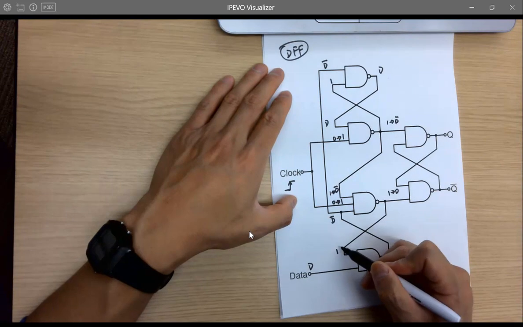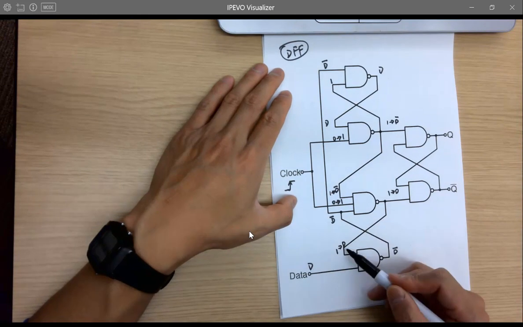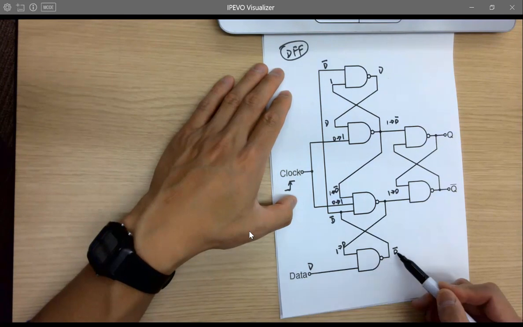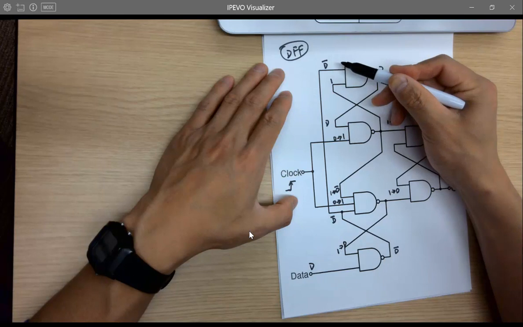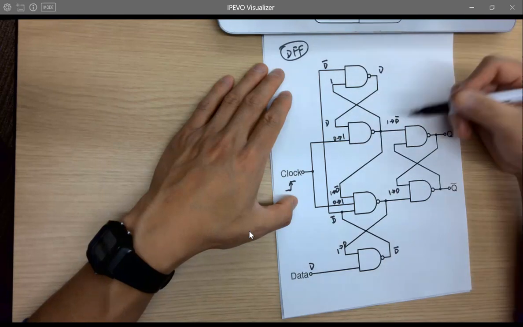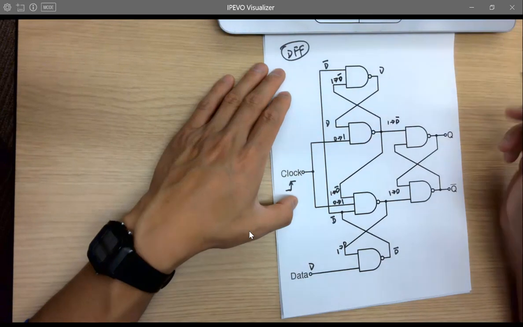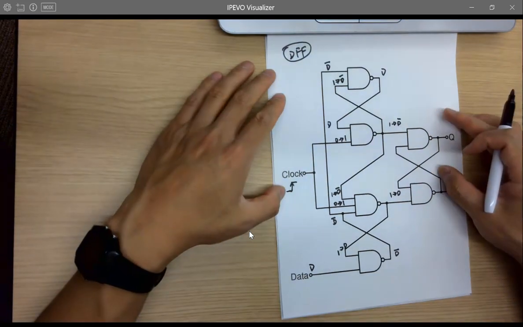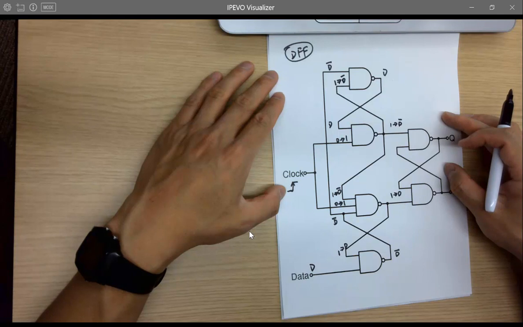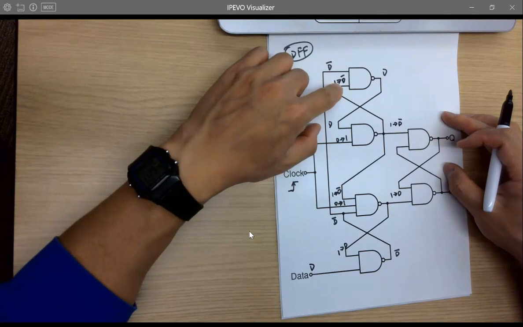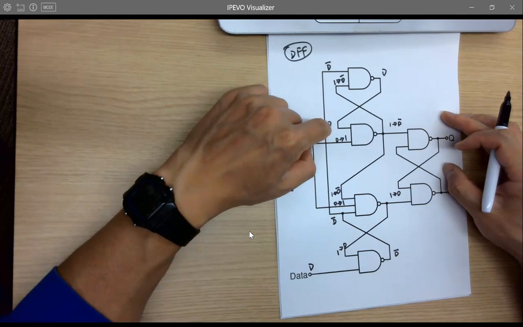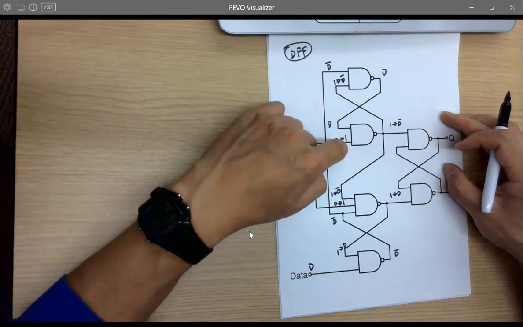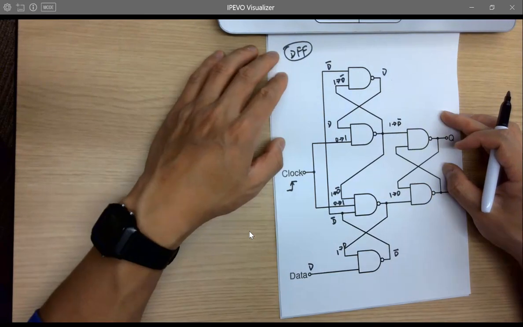So this is changing to D, right? And still D naught, it's not changing. Right? And this will be changed to D naught as well, right? If this is changed to D naught, so you got a D naught and D naught, and it's still D. You're still getting a D here. So D and 1 and inverted is still D naught are stable here, right?